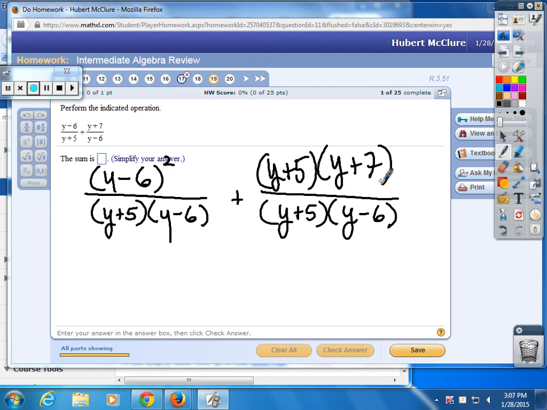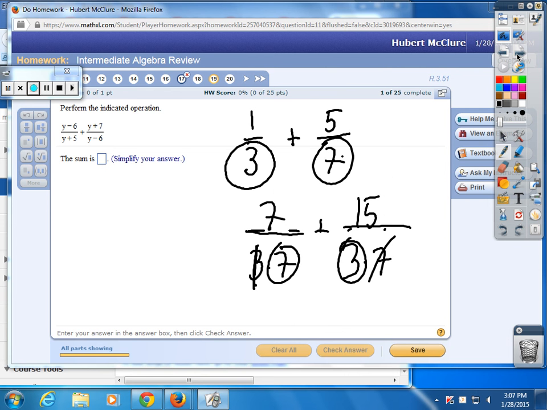Now, when you did this problem, the next step, what'd you put down here? 21. So right here you had two 21s. What made you put a 21, 21? You just carry the denominator, right?